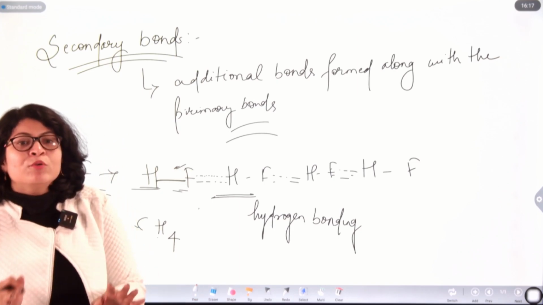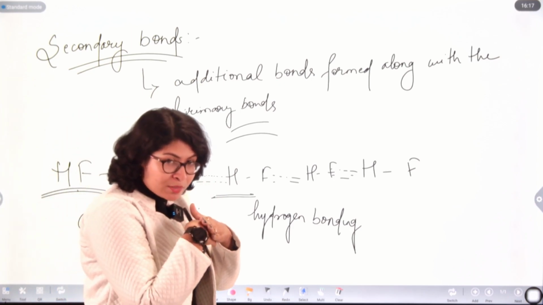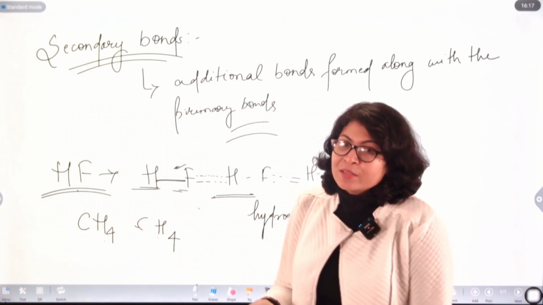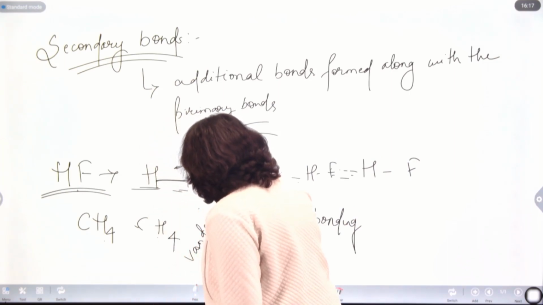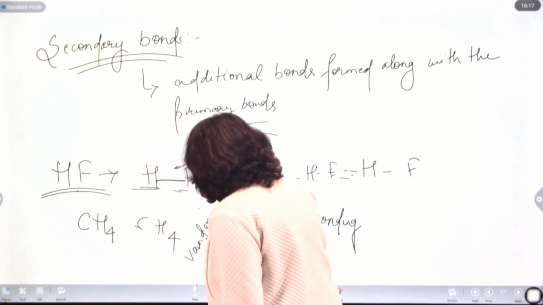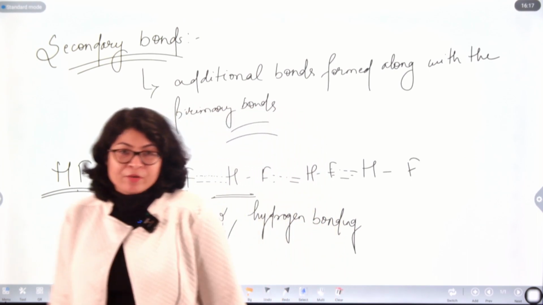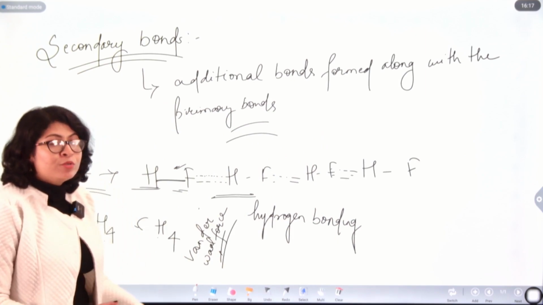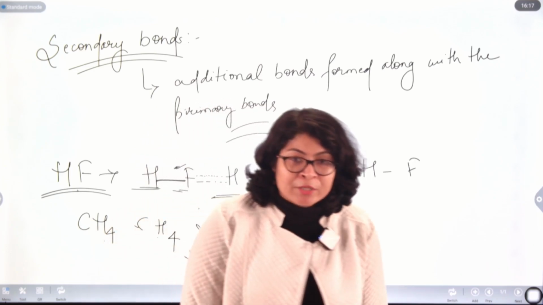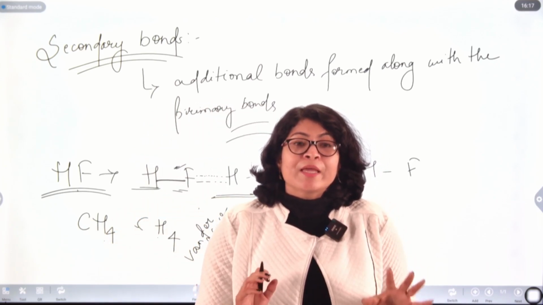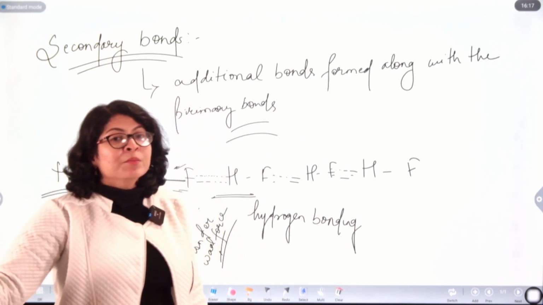Like there is a force of attraction which exists between molecules when they are at closer proximity, and that bond is called the van der Waals force, which is again a type of secondary interaction. There are other forces like London dispersion forces, dipole-dipole interactions. So these are some of the secondary bonds existing along with the primary bonds.